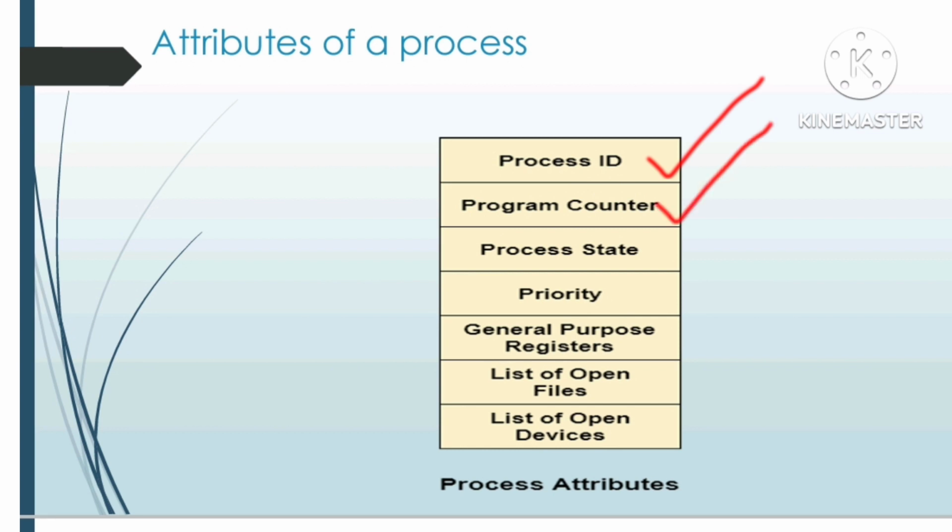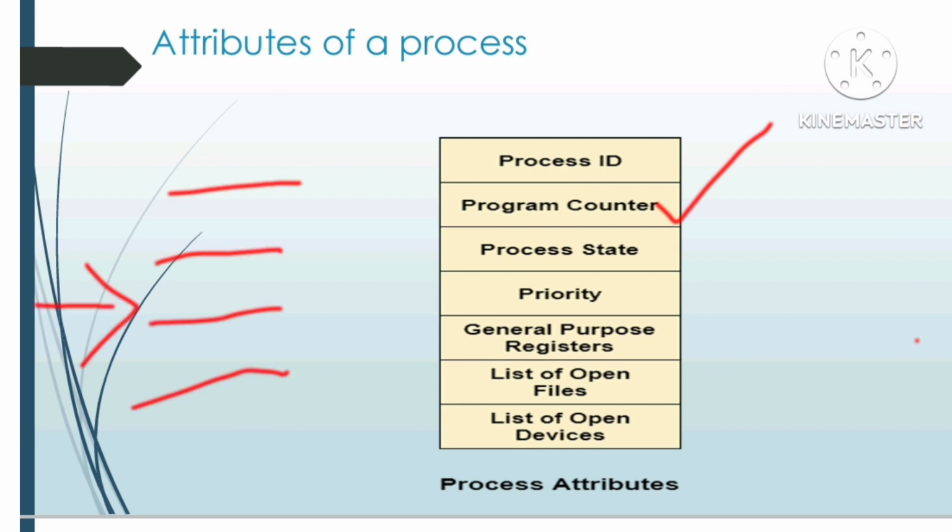And next one is program counter. Program counter means, while you are executing a process, you suddenly stop the process and again you restart it. Then from which point should you actually start the execution? Assume that we have 10 instructions and you stop the execution, then you remove this process and execute some other process, and later you start this process again.